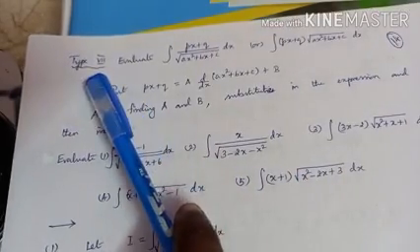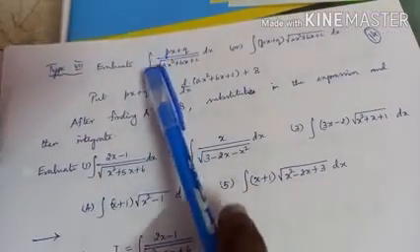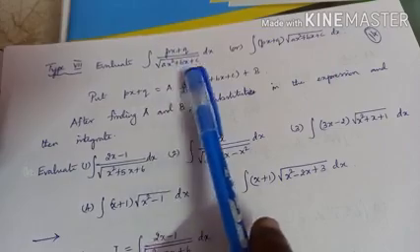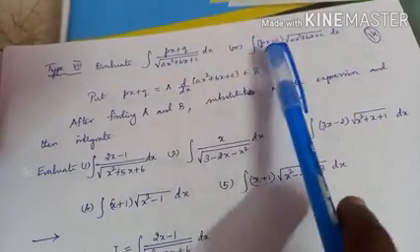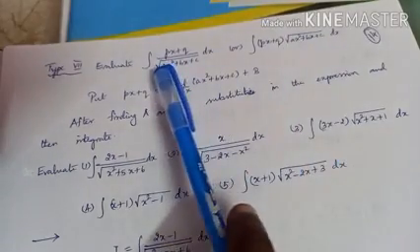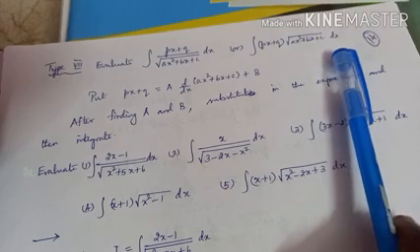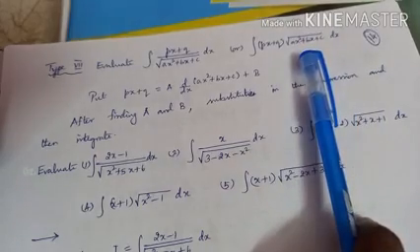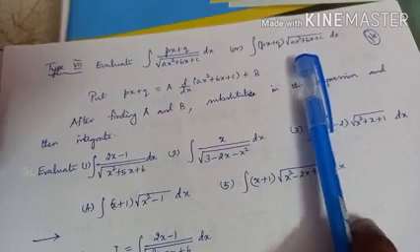Let us see the next type of problem. The integration may be with integrand (px plus q) by square root of (ax square plus bx plus c), or the integral of (px plus q) into the square root of (ax square plus bx plus c). So you go through the types which you feel easy. If you think the types are difficult to keep in mind, listen here, go through the types which you feel easy.